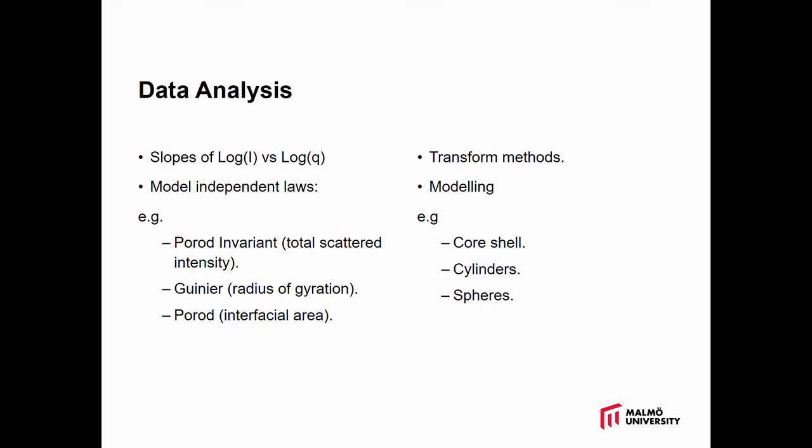The Porod invariant is the total scattered intensity, and that gives you information about the amount of interface between phases. The Guinier law gives you information about the size. There are direct transform methods, which I'm not going to talk about so much. And of course, there's modeling. You can just calculate what the scattering due to some sort of core shell structure is and compare it to what you've got.